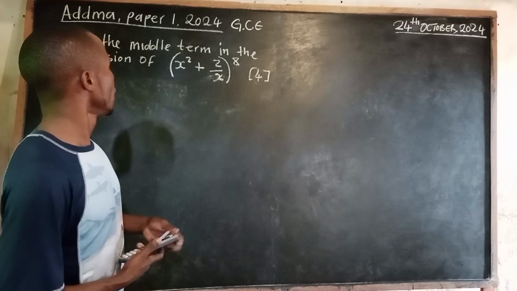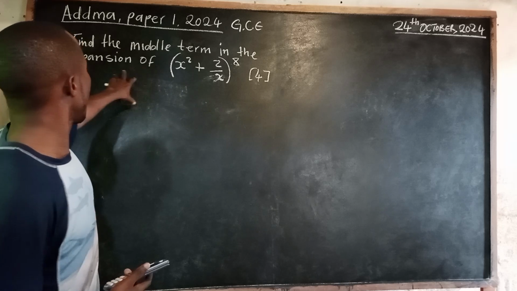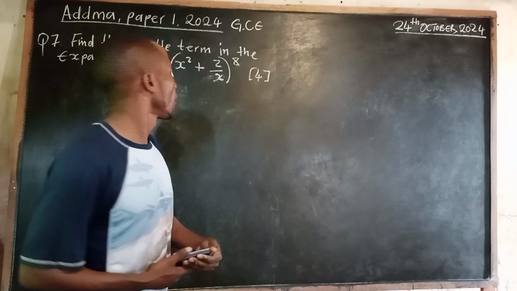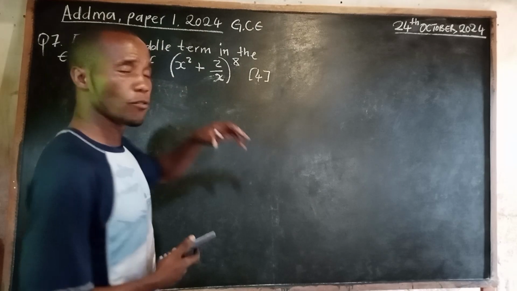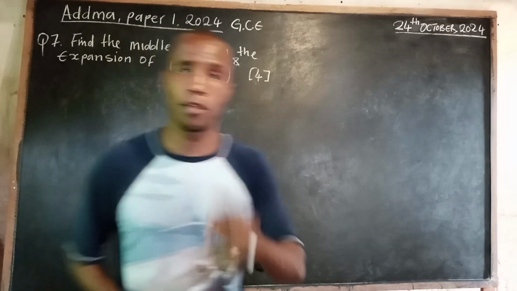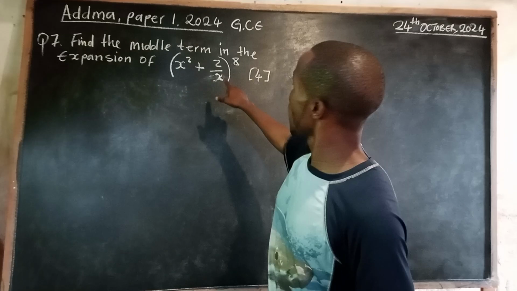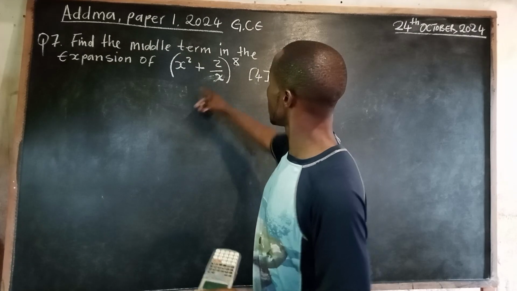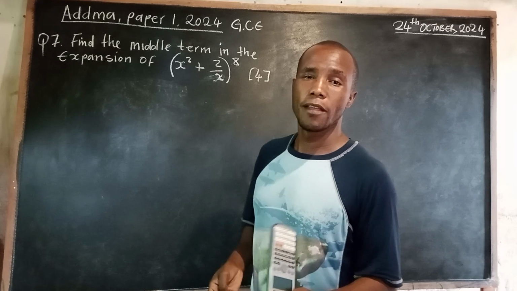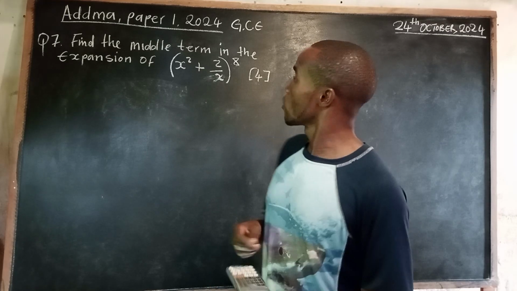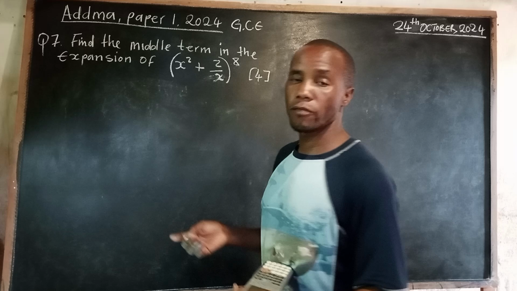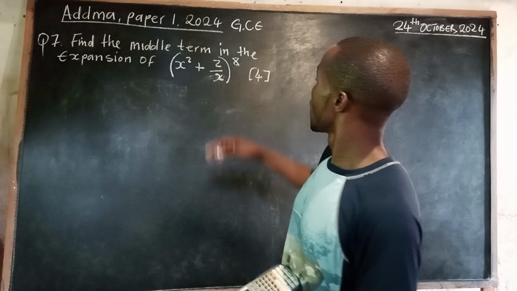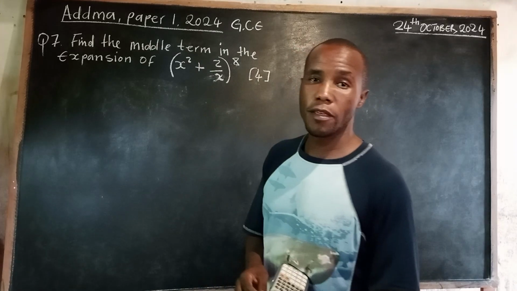Now, since this is binomial, we have two different methods that you can use to work out this problem. The first one is by using Pascal's triangle, and the other one is using the binomial theorem.